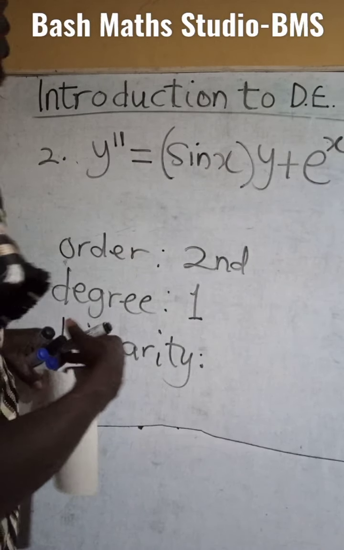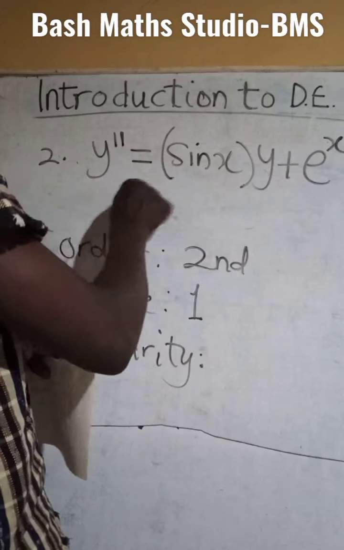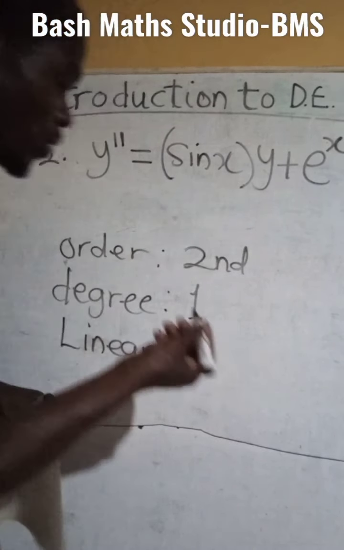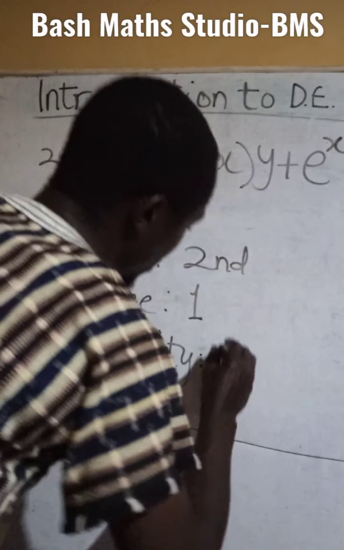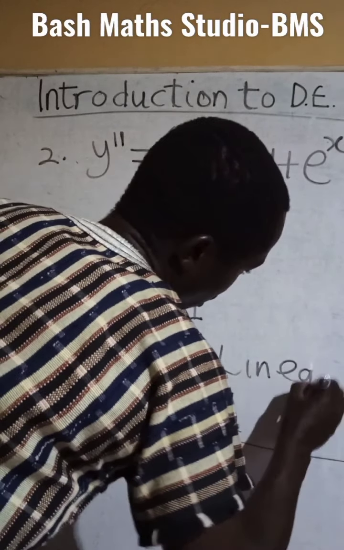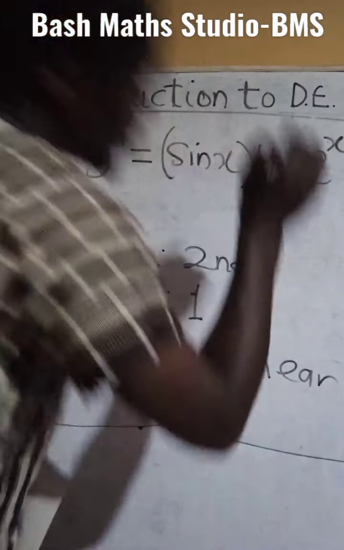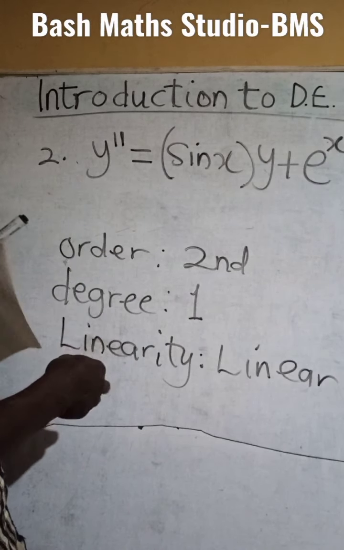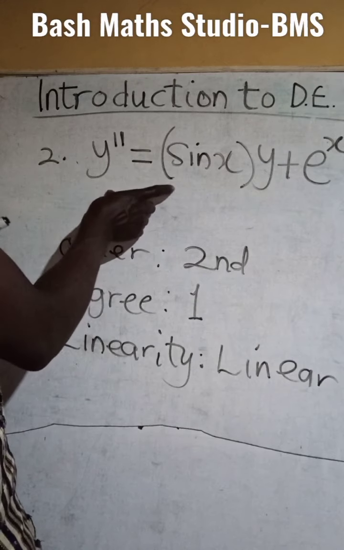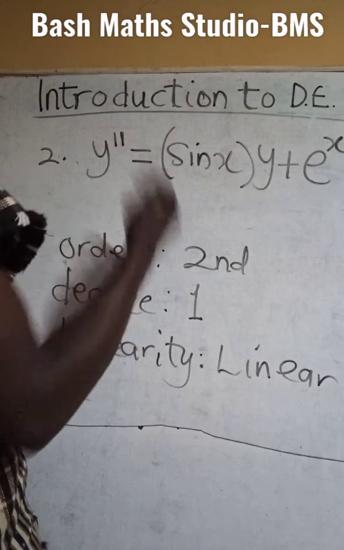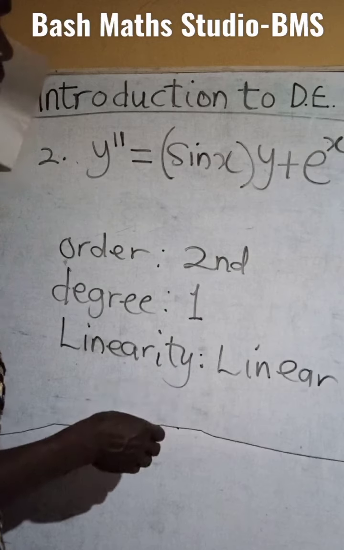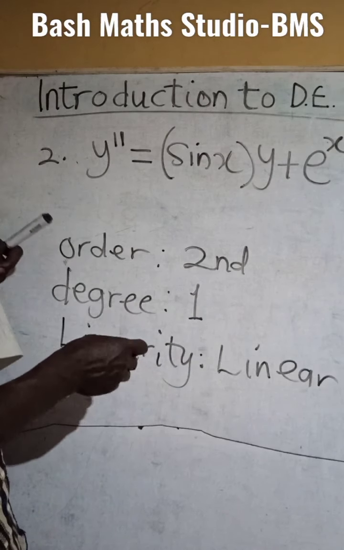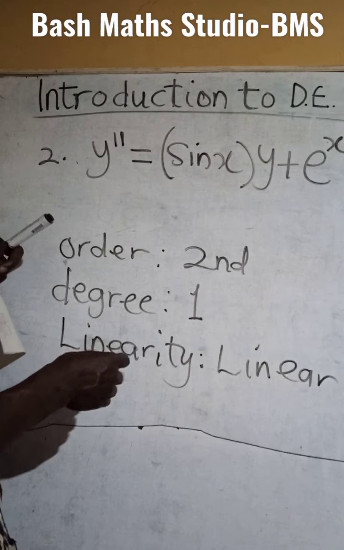Yes, that's what I said, linear, because the dependent variable or the unknown function is linear in terms of its derivative, and therefore we say that it's linear. Good. So this is a linear second order equation, and it's of degree 1.